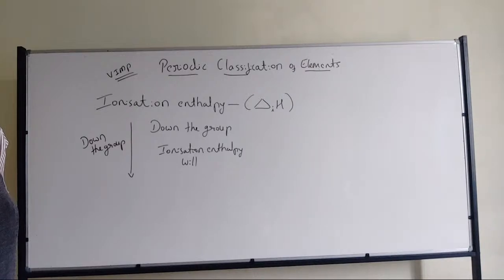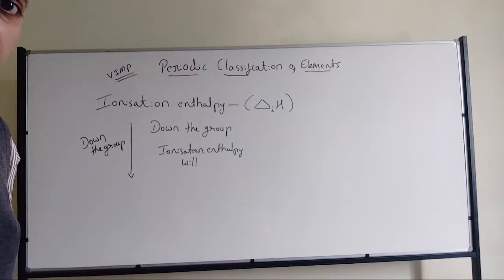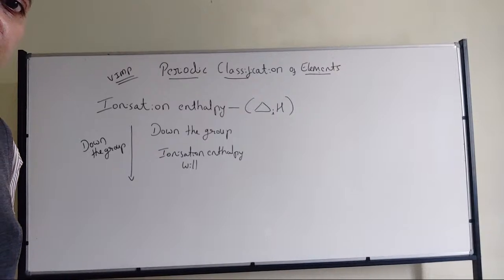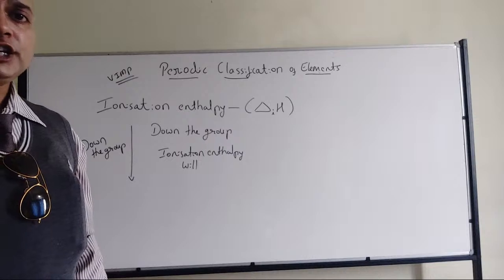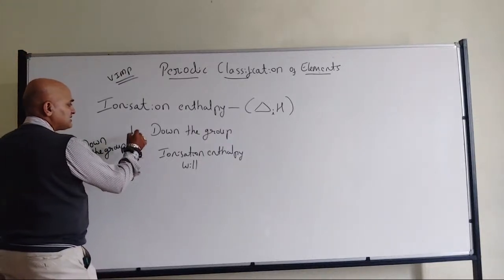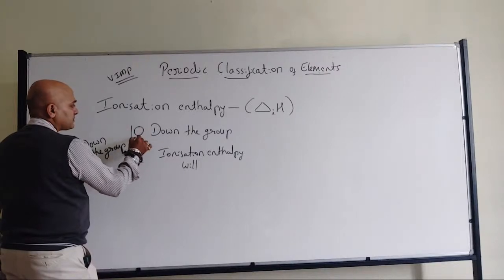Okay, Shuchita and Chidvan, only two are correct. Now you people are writing. No, not increase, Dikshit. It should decrease because down the group, atomic size is going to increase.